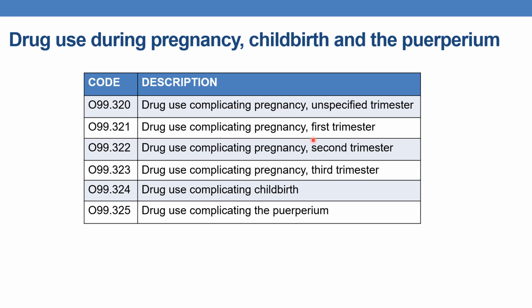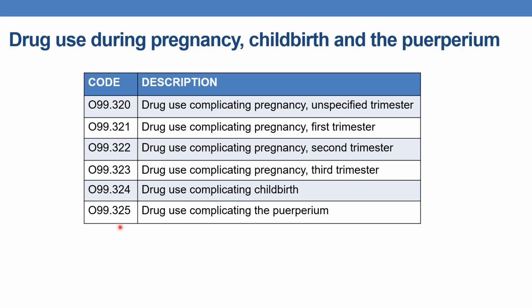Sixth character 2 indicates second trimester, whereas O99.323, the sixth character 3, indicates third trimester. Drug use complicating pregnancy, third trimester. Whereas sixth character 4 indicates childbirth. O99.324 indicates drug use complicating childbirth.